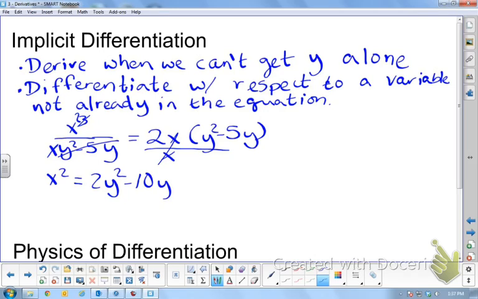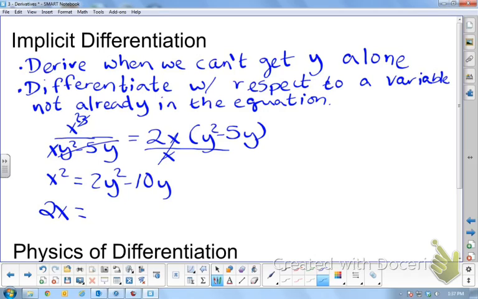Unless I specify a variable, then we would assume differentiate with respect to x. So my first piece, x squared, I would just differentiate normally. Derivative of x squared with respect to x is just 2x. Power rule.